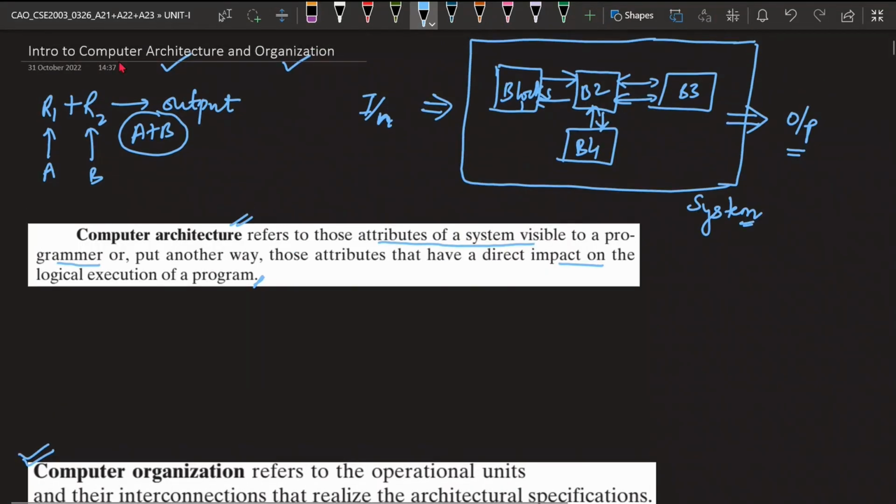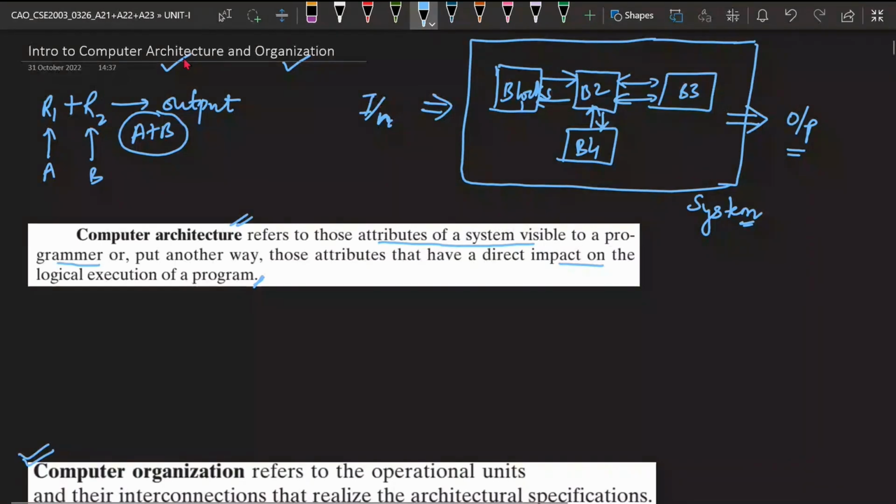In computer architecture and organization, first of all we are going to study these blocks: what these building blocks look like, what particular advantages and disadvantages they have, how they interface and are connected with each other, and, internally inside a particular block, what operations take place to perform the complete function of the system.